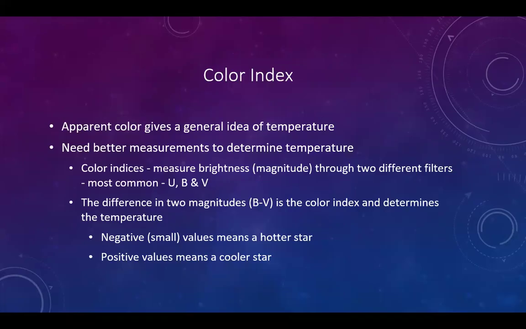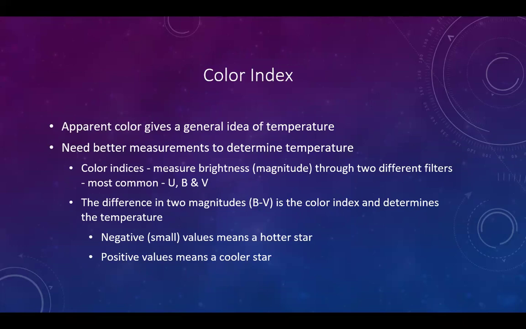And the apparent color gives a general idea of temperature, but it's not perfect. And it can be affected by things like dust in the way, making the star appear red. So we need better measurements to determine temperature. So we can't just look at the color and say, that's bluish, or that's reddish.